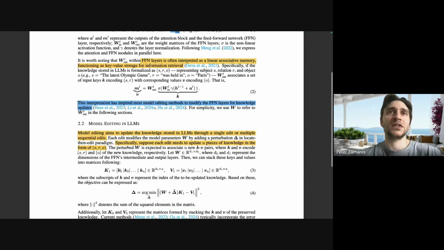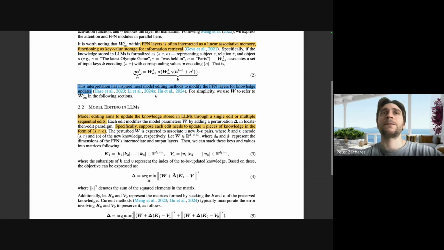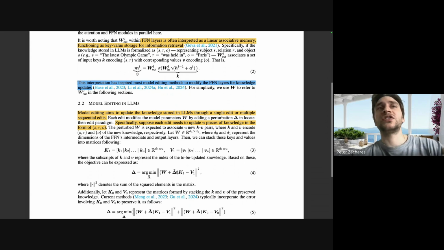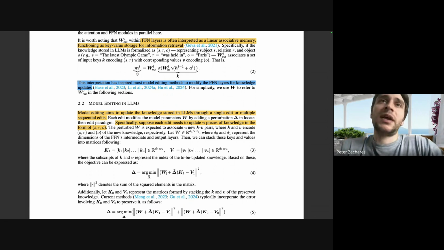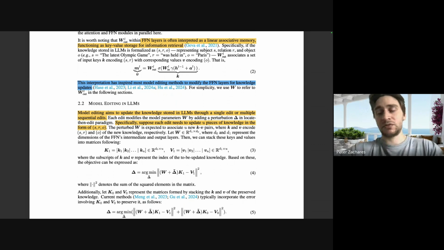The Ks indicate the search query for the knowledge you want to receive, and V is the knowledge you want to receive from W out. And your goal is to calculate a perturbation, which is this large delta, such that K1 times this is equal to V1, or you want to minimize the difference between those two.